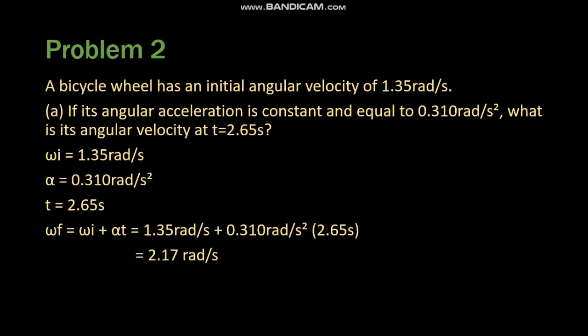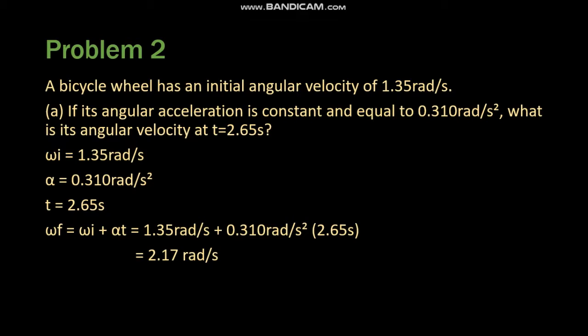one of the four formulas for constant angular acceleration, we will use this formula: final angular velocity equals initial angular velocity plus angular acceleration times time. Why did we use this out of the four formulas?